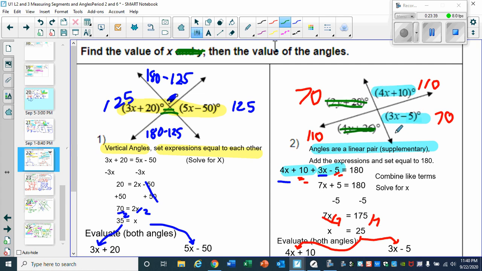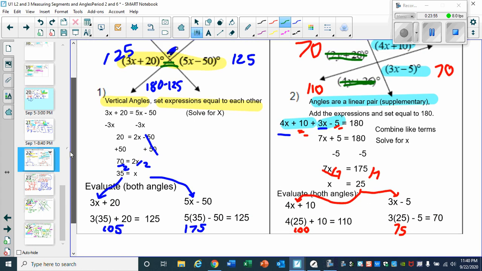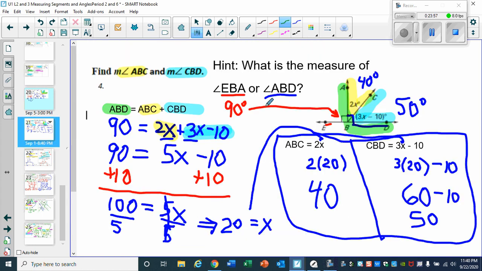Similarly, linear pair, supplementary angles, the sum of the first angle and the second angle must equal 180. So 110 plus 70, 180. And then here, similarly, since they don't tell you, but this turns out to be a right angle.